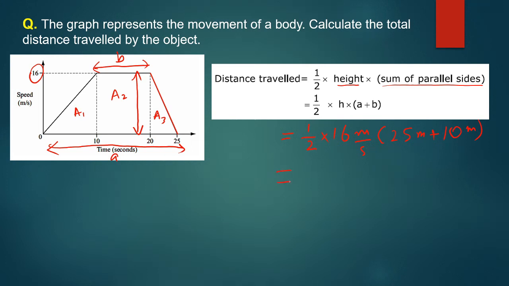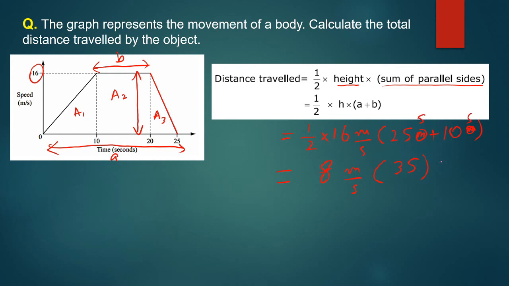So in that case, half of 16 is 8 meters per second. Bracket 25 plus 10 is 35. Sorry, that's the time in seconds, and that's also time in seconds.